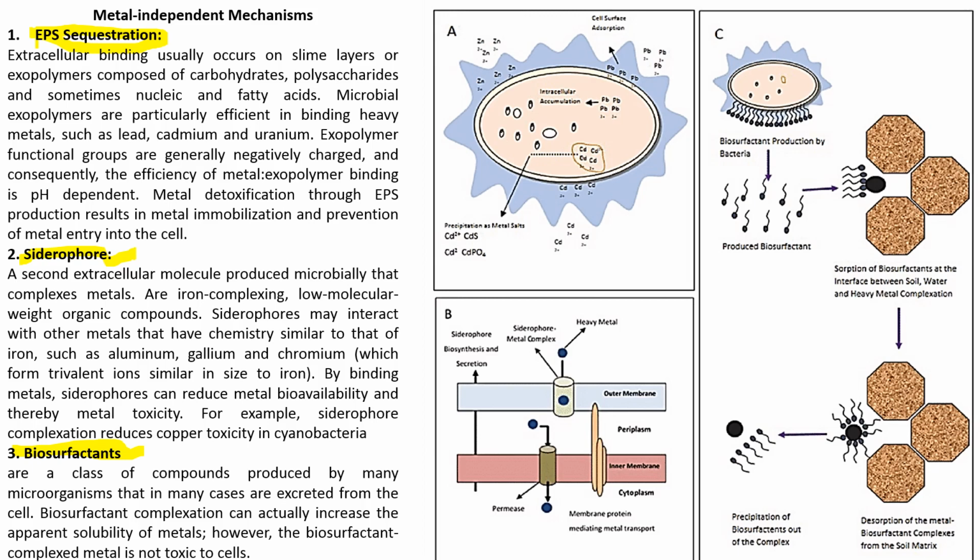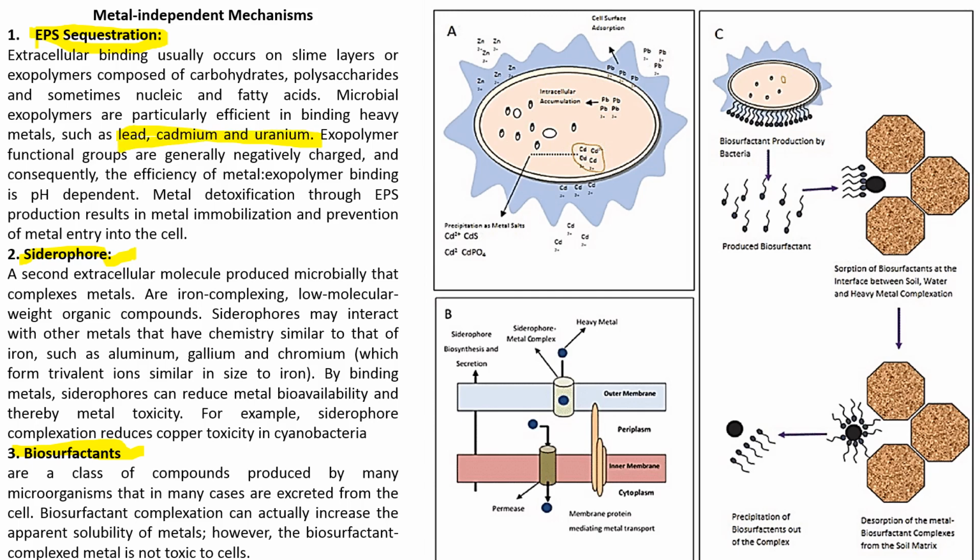So EPS are components of biofilms. So biofilms are a congregation of cells which has extrapolymeric substances generated in a lot of volume and form a bed-like structure. So these extracellular polymers, or exopolymers for short, are very, very efficient in binding heavy metals such as lead and cadmium and uranium.